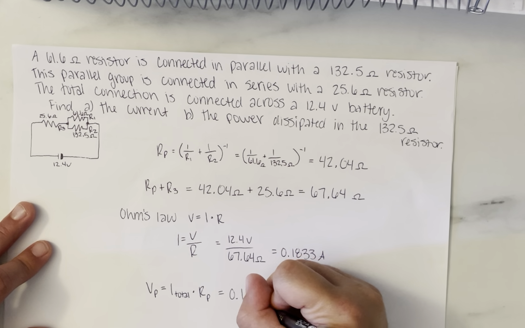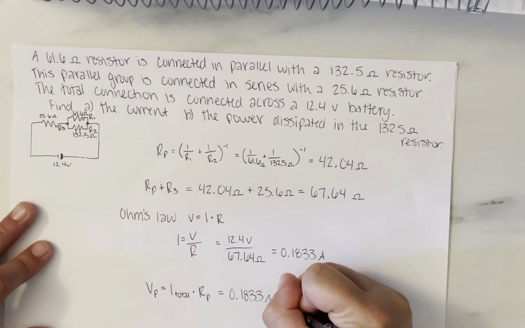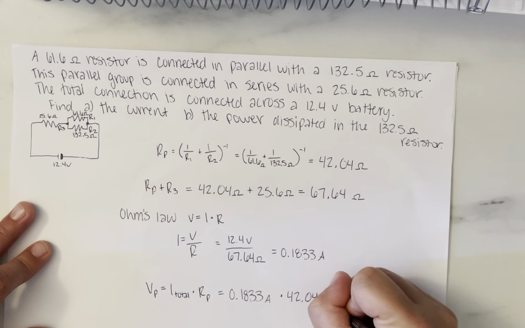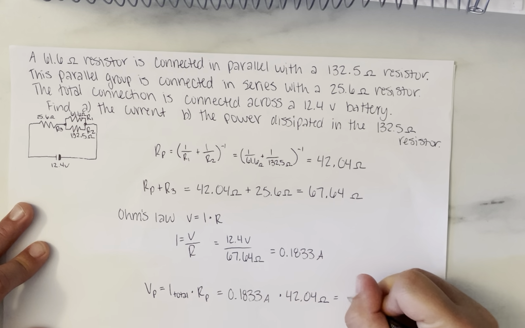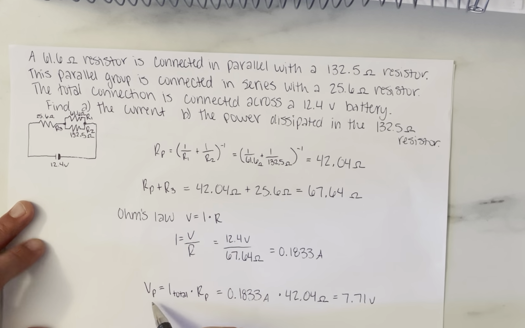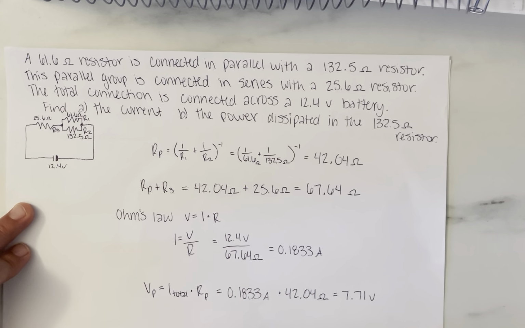So we get 0.1833 amps times 42.04 ohms, and that's going to give us about 7.71 volts for our parallel voltage.